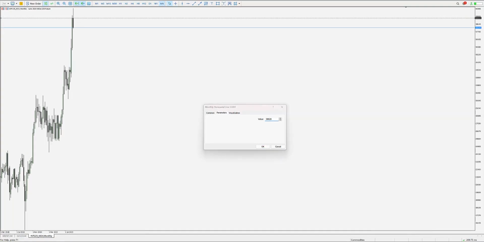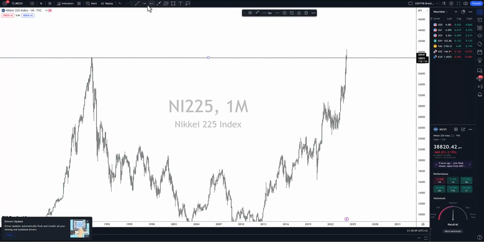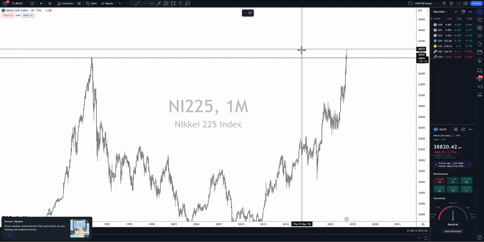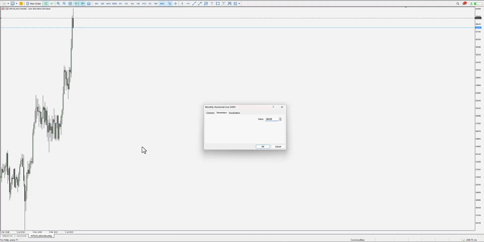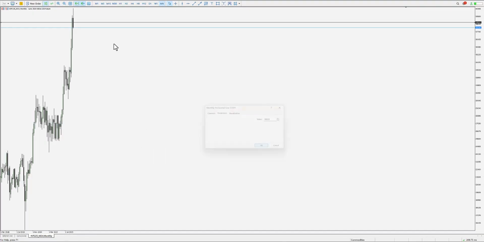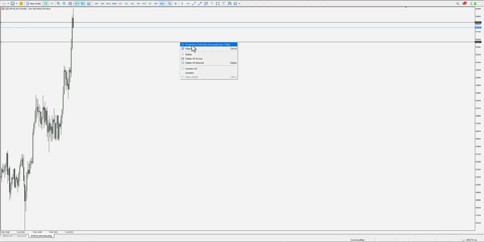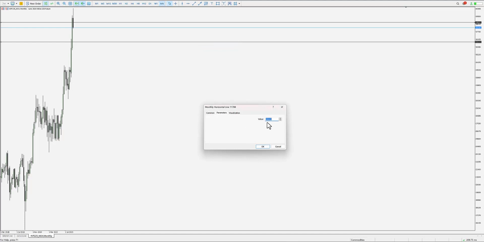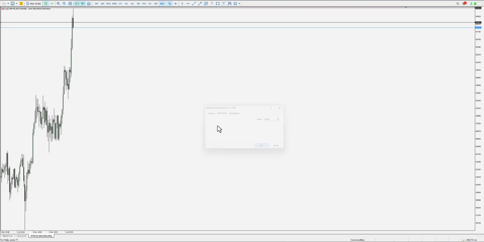Yeah, 38,820, and then the high so far that has been recorded is plus or minus 40,463. The reason why I marked 38,820, I'm sure you've already seen that. So here 40,463. This is the extreme high. Right, MT5 just missed it a bit.